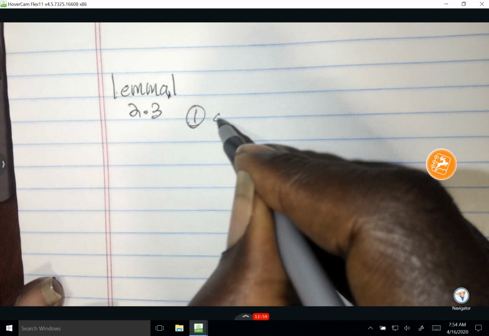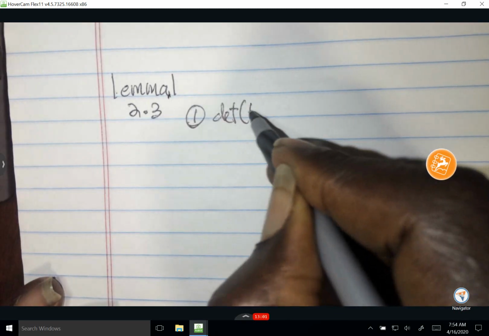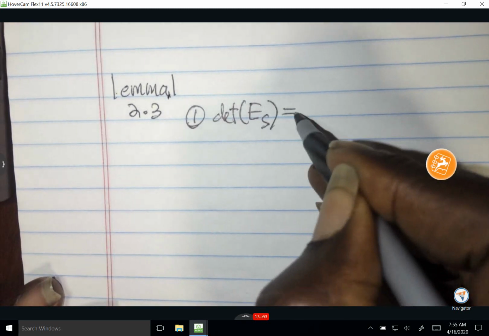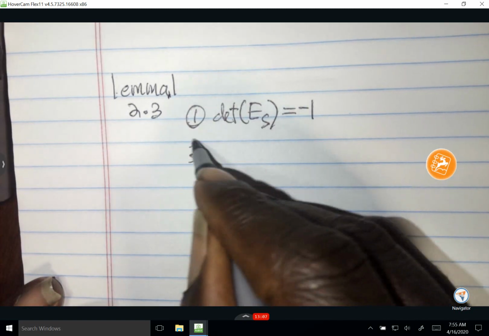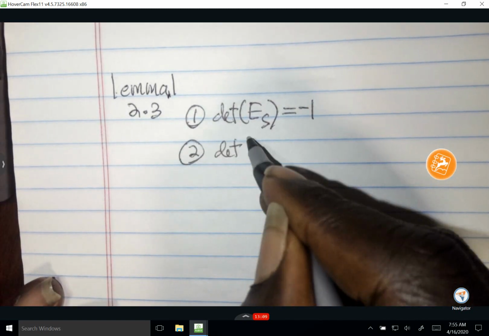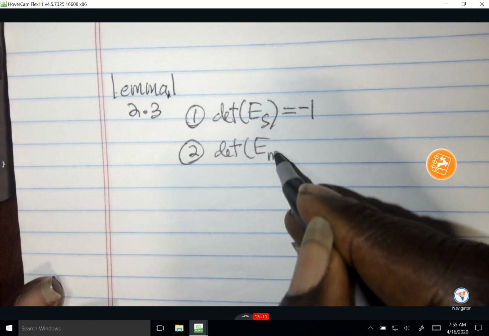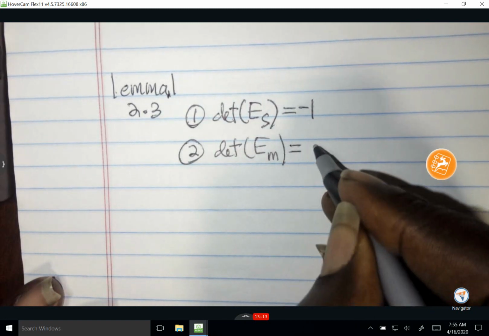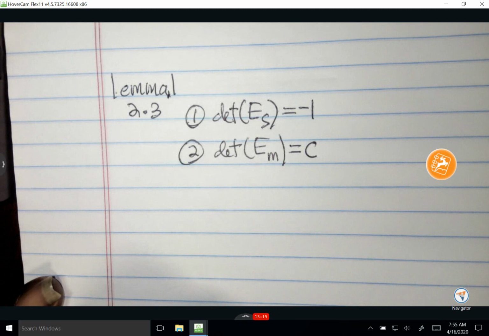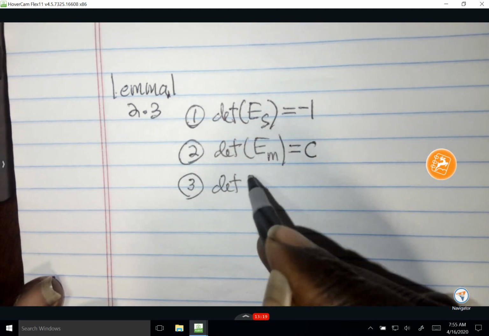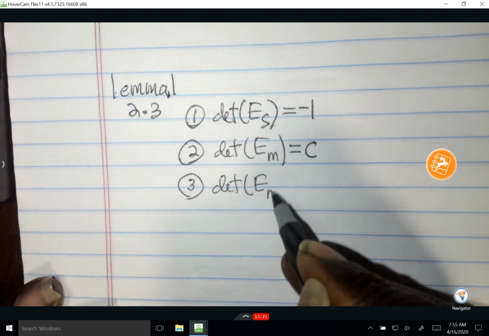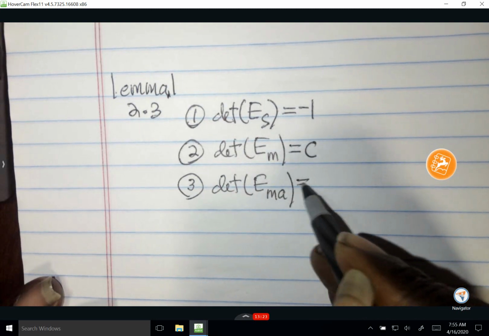One, the determinant of E switch is -1. Two, the determinant of E multiply is C. And three, the determinant of E multiply and add is 1.